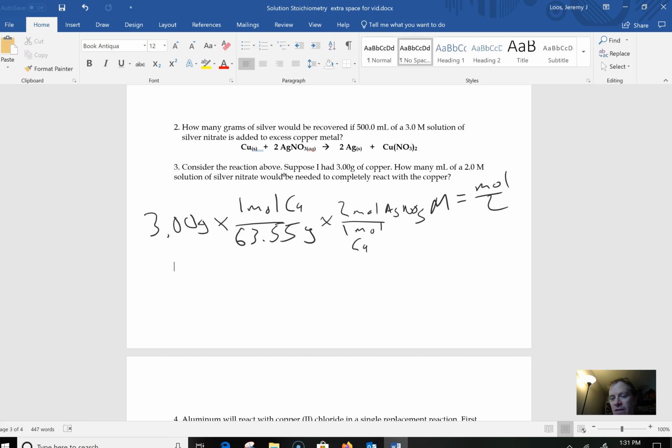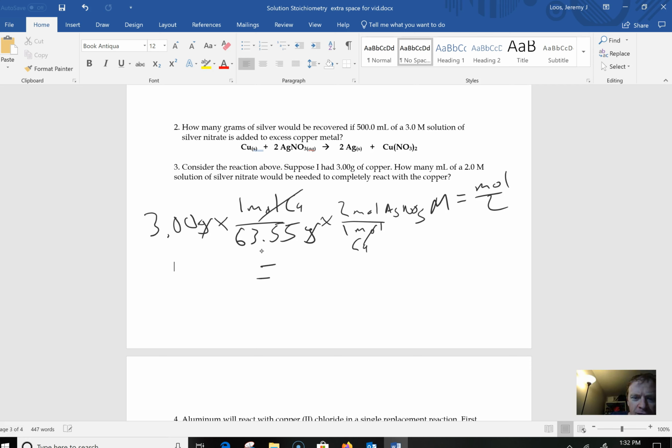Now, in the stoichiometry problems we did at first, we would have kept going. We would have found a mass of AgNO3, but I'm going to stop right there, because if I stop right here, grams cancel, moles of Cu cancel, I'll have moles of AgNO3, and then I can use this equation here and do some algebra. So I'm going to go 3 divided by 63.55 times 2.